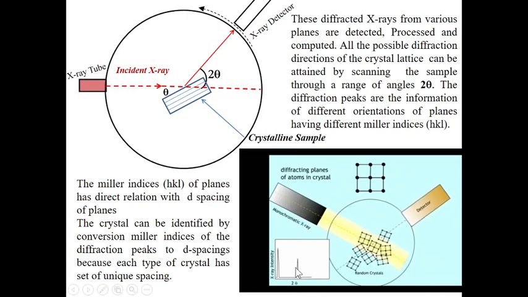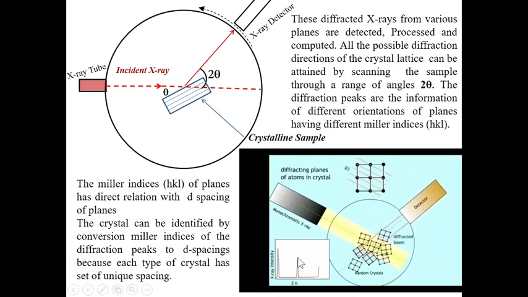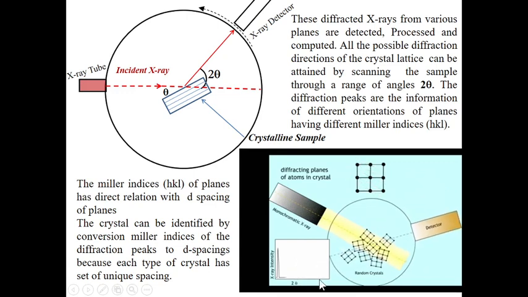Constructive interference is possible if it obeys Bragg's law, that is 2d sin theta equals n lambda. So at a particular 2 theta you can see we found a peak. Again at another particular 2 theta we got a peak. That means constructive interference.